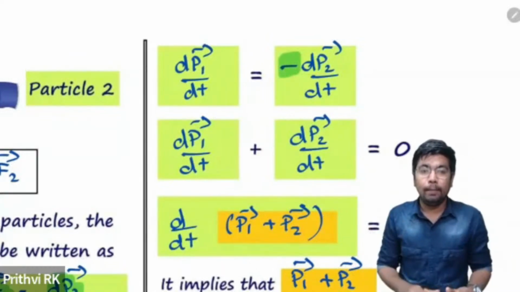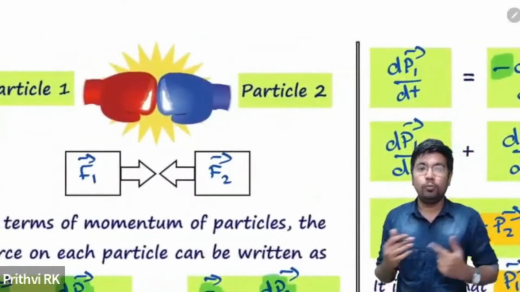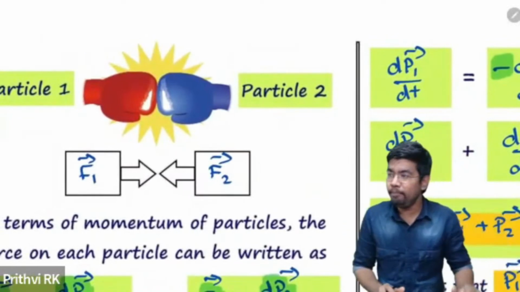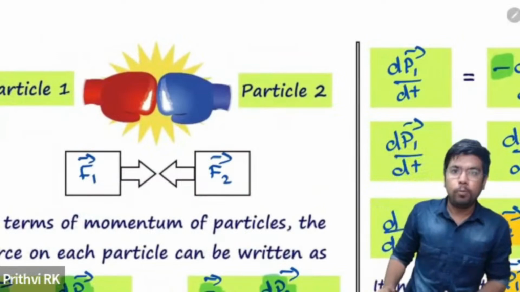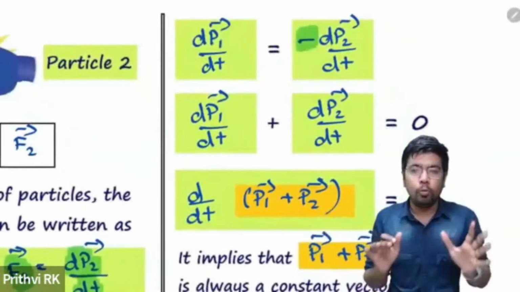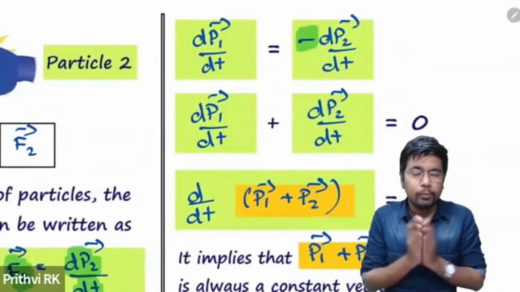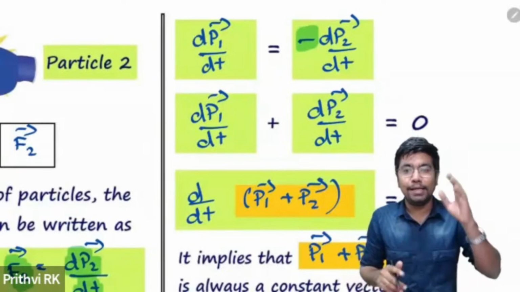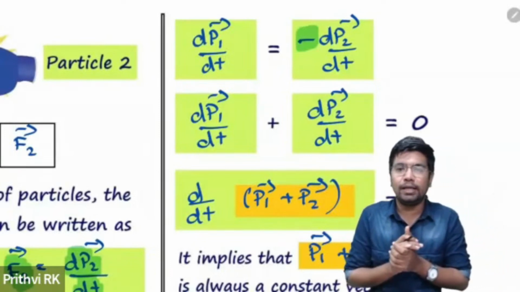Why, sir? Because both these forces are in opposite directions, they are opposite to each other. That's why I put the minus sign. So I'm going to add these two forces, dp1 vector divided by dt and minus dp2 vector divided by dt.